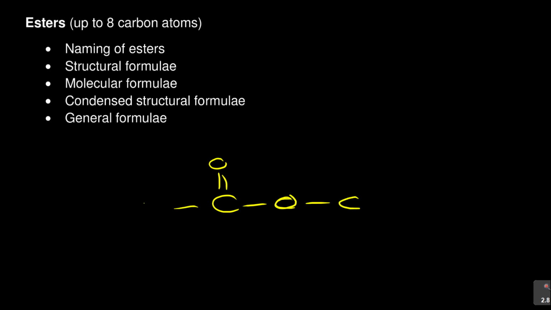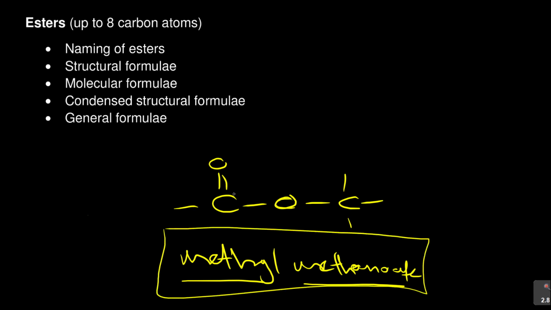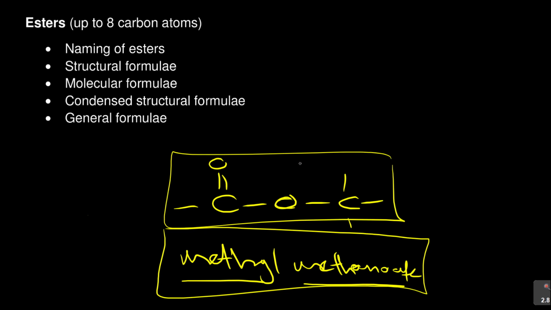An example is methyl methanoate. It has 2 parts, methyl and methanoate, which we need to look at when we come to the topic called esterification. It will make more sense when we name them.